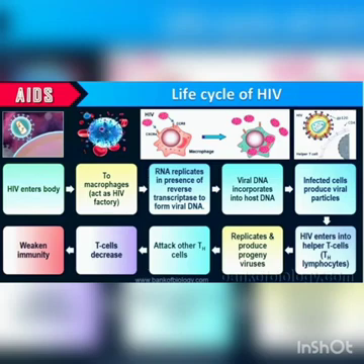Then the HIV virus enters the helper T cell, replicates and produces progeny viruses. Many viruses are created and attack other Th cells. As a result, T cells decrease and immunity becomes weakened.